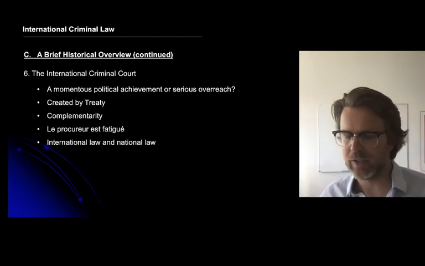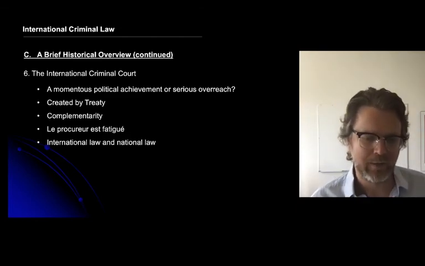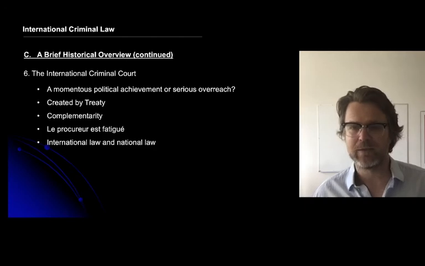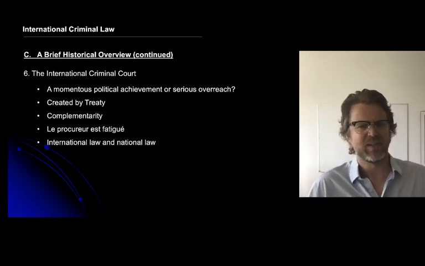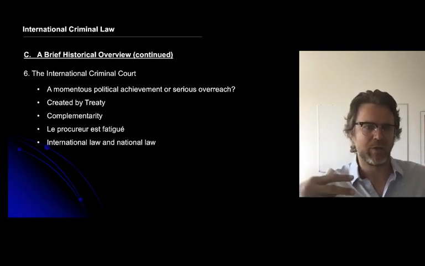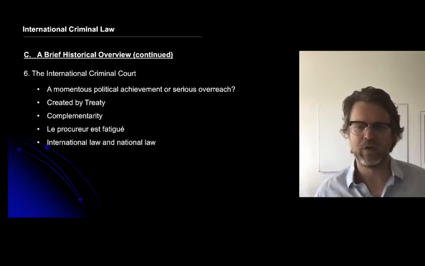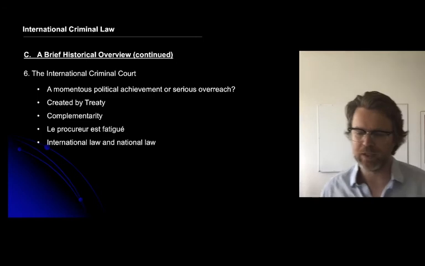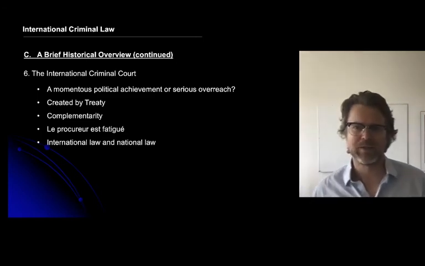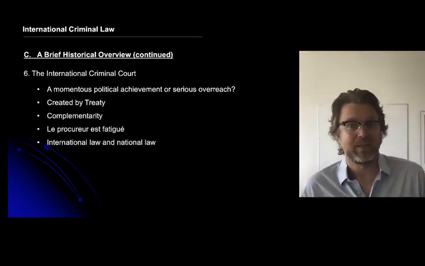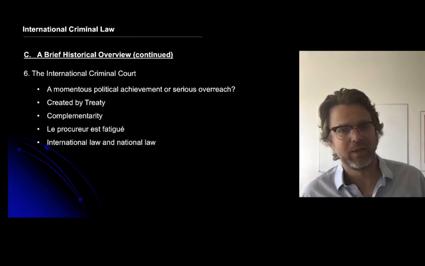So China, the United States, Pakistan, India, Russia are not party to the ICC statute. If you think of a Martian coming down to Earth and looking at the constitution of the world and the role of the International Criminal Court within it, the Martian would say, well, that's bizarre. They seem like they've been committing a few.